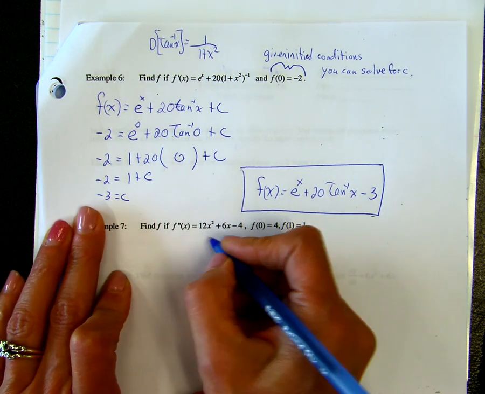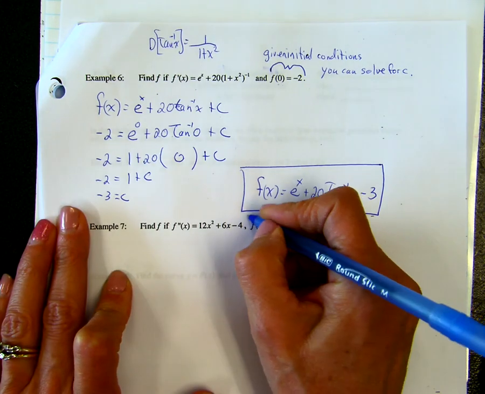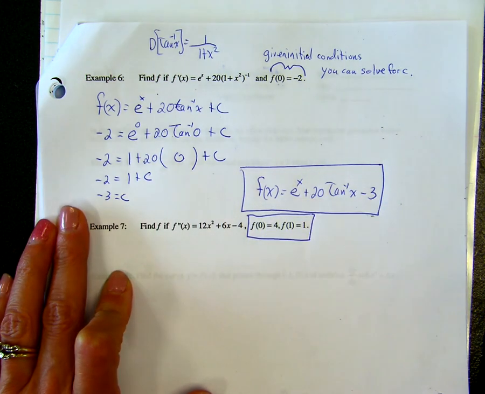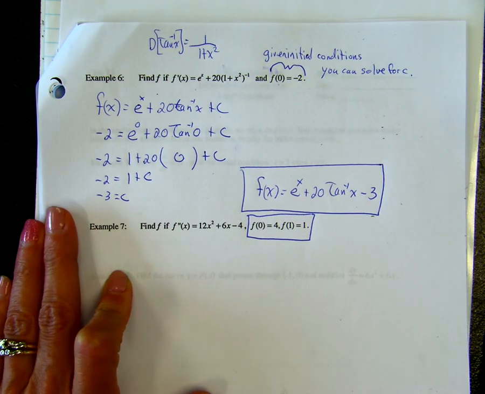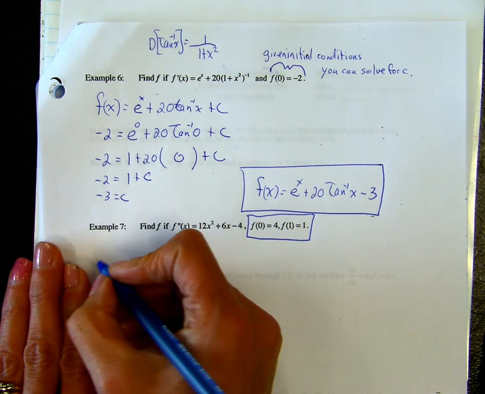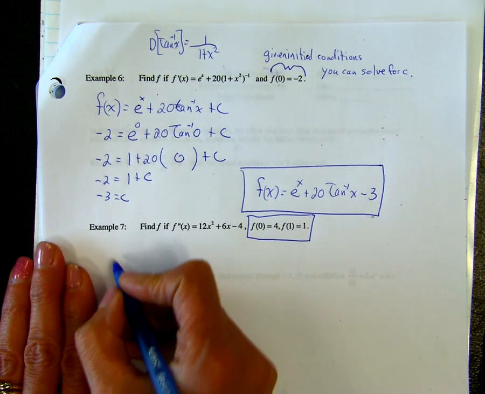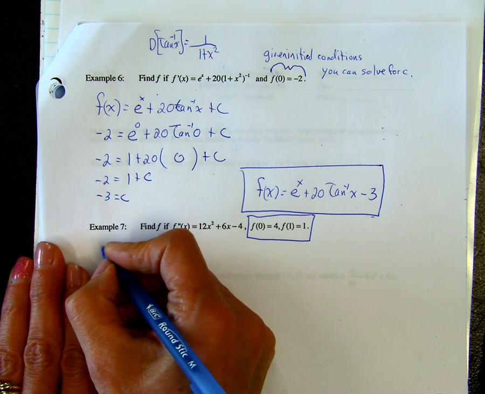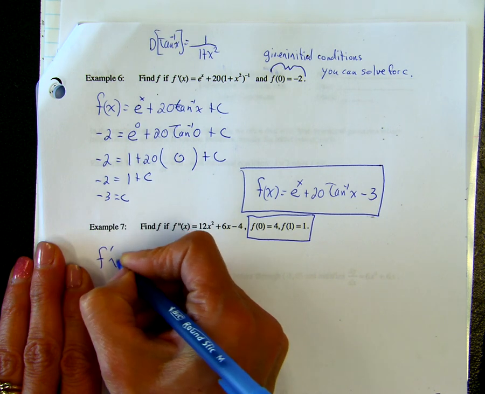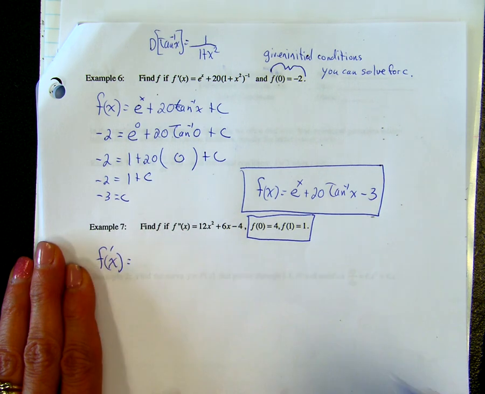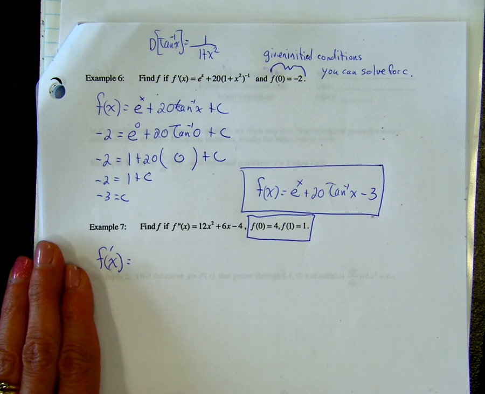Okay, so we've got f double prime, and then we're going to come back and look at these initial conditions and solve for our constants. So if f double prime is 12x squared plus 6x minus 4, what's f prime? I'll give you a moment to write down the answer.